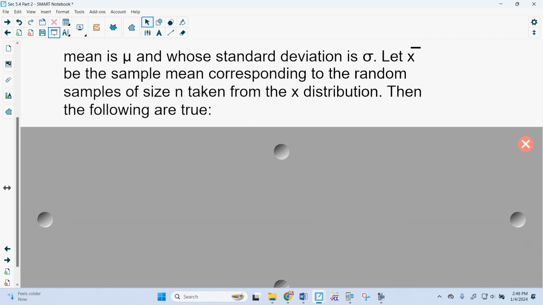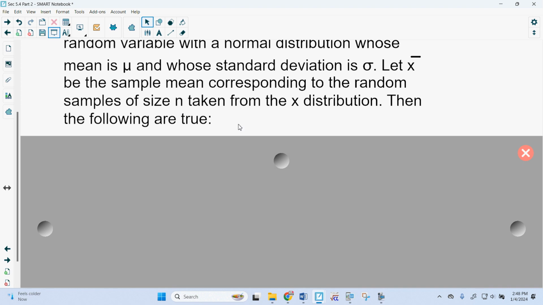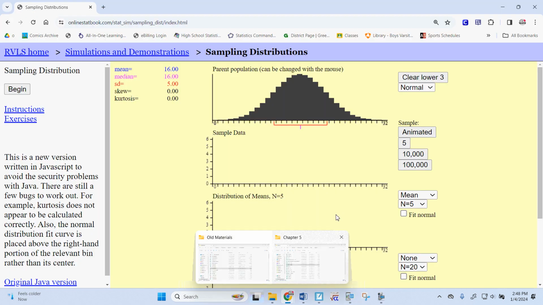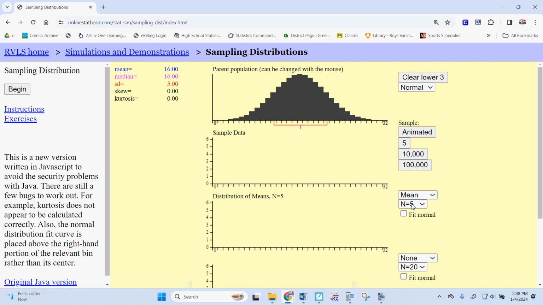Let x bar be a sample mean corresponding to a random sample of size n taken from that distribution. So if we look here, size n is 5. We're going to take samples, and this now new is our distribution of x bar.